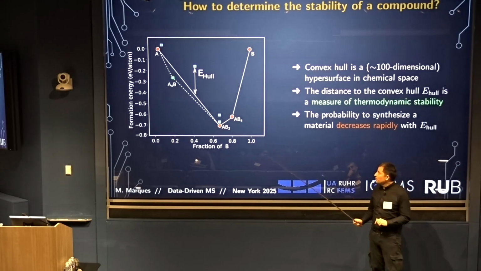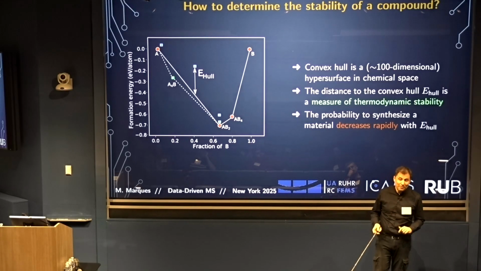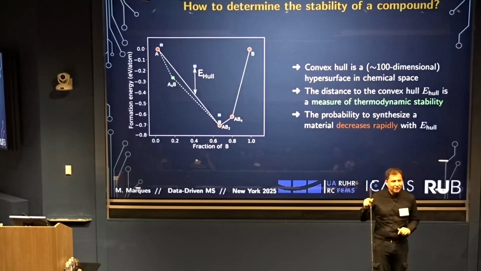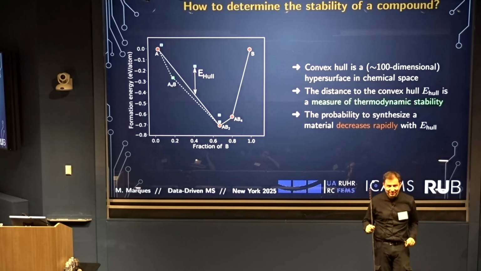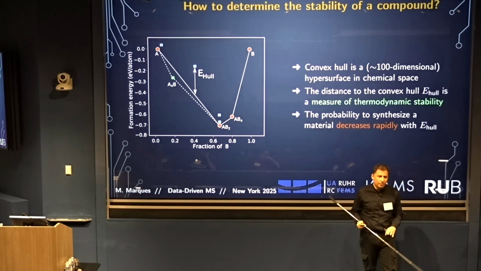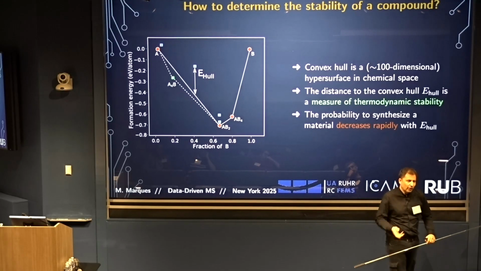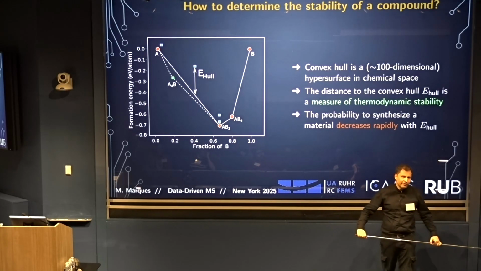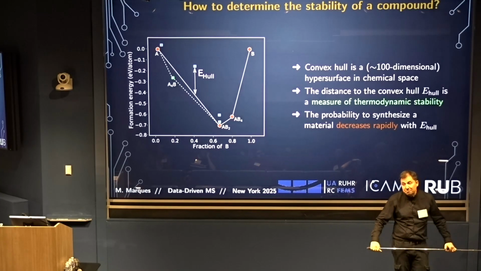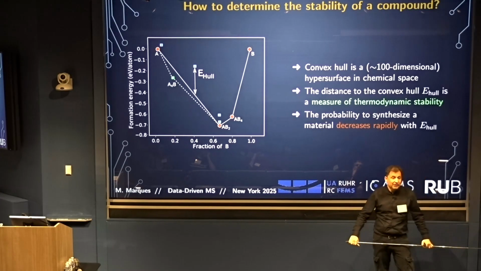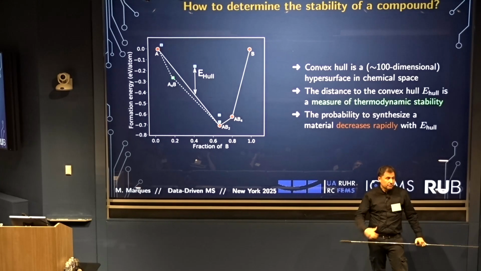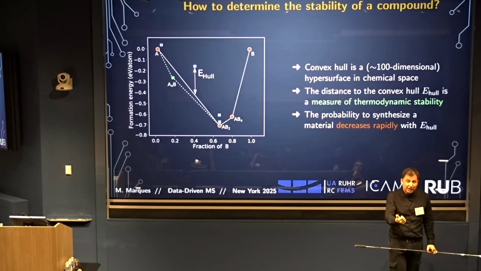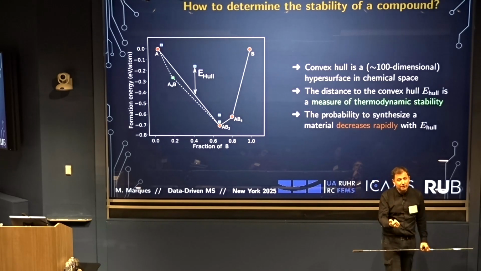Then the other problem is that most compounds are not stoichiometric; very often you have a little deviation from stoichiometry. Often you have oxygen vacancies, copper vacancies, and oxygen vacancies can easily give you 50 meV per atom, 100 meV per atom. Vibrational entropy effects can give you 10, 20 meV per atom.